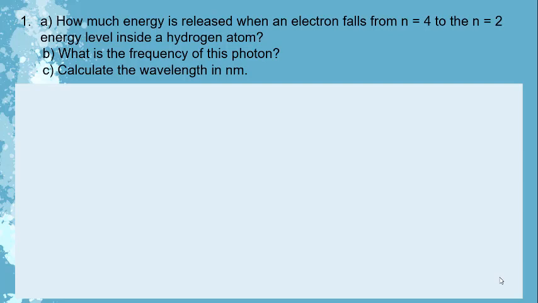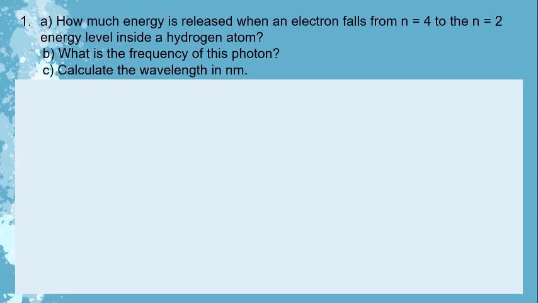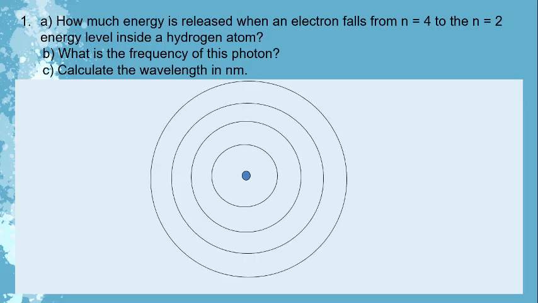The first question is, how much energy is released when an electron falls from the fourth energy level to the second energy level inside a hydrogen atom? In this situation, an electron makes a transition from the fourth energy level to the second energy level.